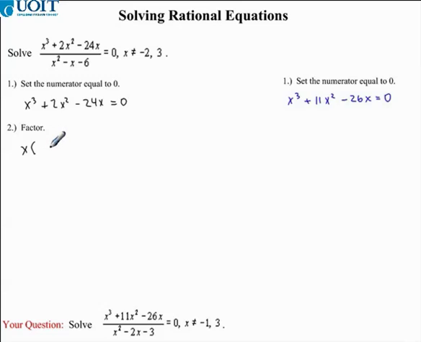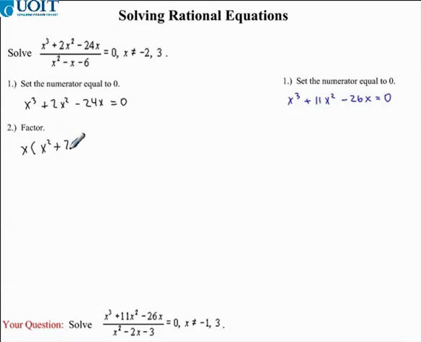I'm going to write a bracket here. To determine what's in the brackets, we need to divide our trinomial by the greatest common factor, which is x. Our first term then will be x cubed divided by x, which is x squared. Our second term will be 2x squared divided by x, which is 2x, and we will be adding this term.